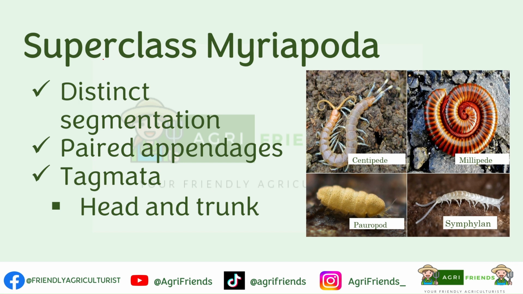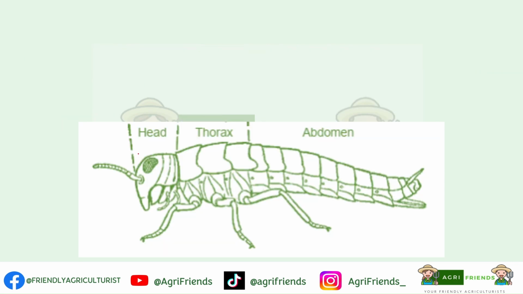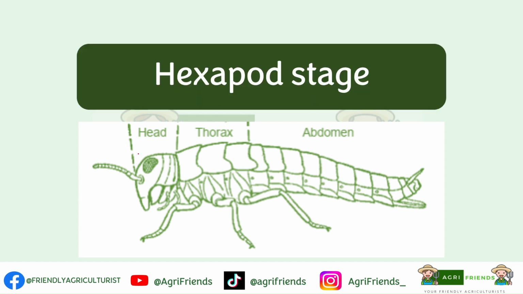For the centipedes, they have one pair of legs per segment, while for the millipedes, they have two pairs of legs per segment. Lastly, the final stage of the insect definitive body form is the hexapod stage, which is represented by the superclass Hexapoda, from the Greek word hex or hexa, meaning six. These arthropods have six legs.